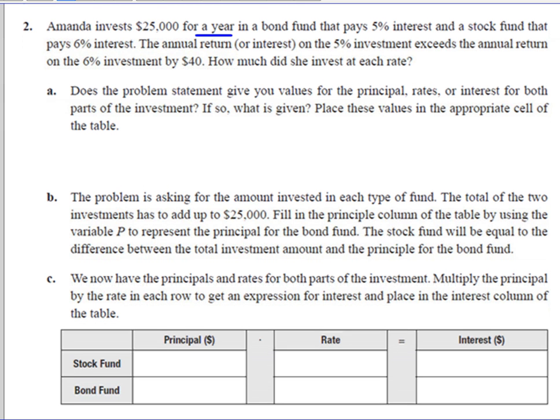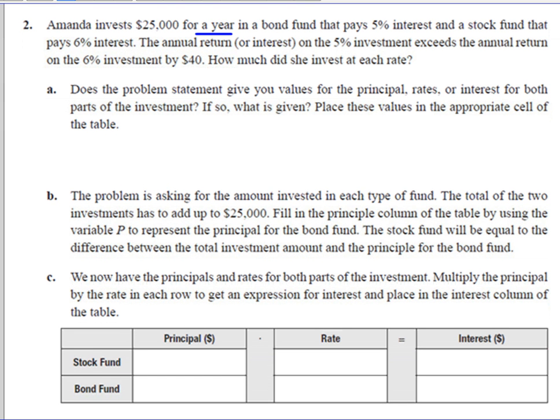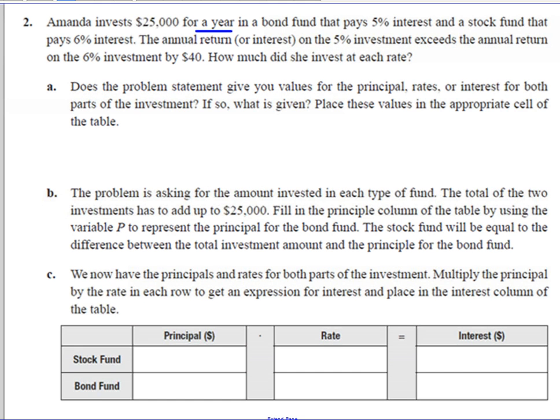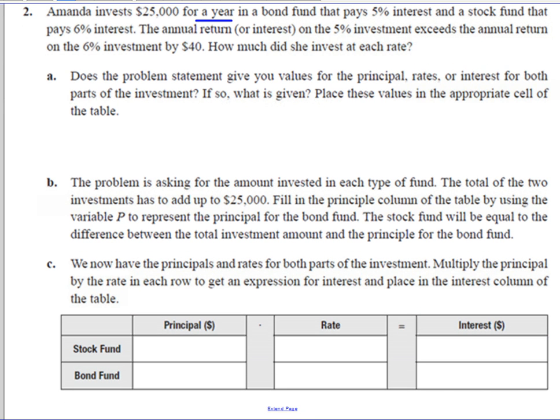Amanda invests $25,000 for a year in a bond fund that pays 5% interest and a stock fund that pays 6% interest. The annual return or interest on the 5% exceeds the annual return on the 6% by $40. How much did she invest in each rate? So again, I don't know.